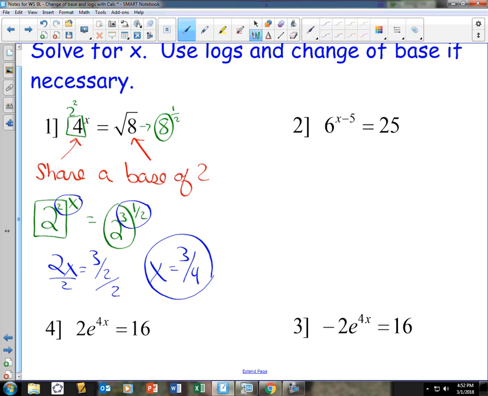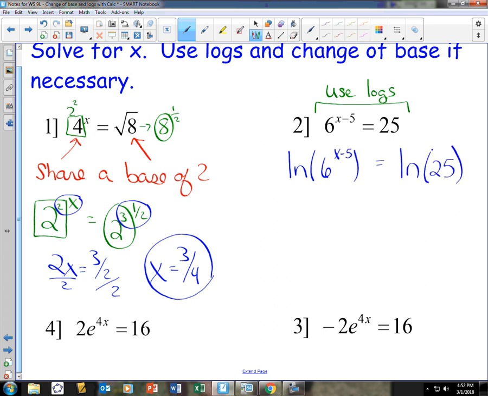And you can either rewrite this as a log, or you could just log both sides. It might be easiest just to log both sides. So I'm going to do natural log of 6 to the x minus 5 is equal to natural log of 25. So I just logged both sides. But now I have a log property where it's like, oh, wait, hey, I can take an exponent and bring it out front.